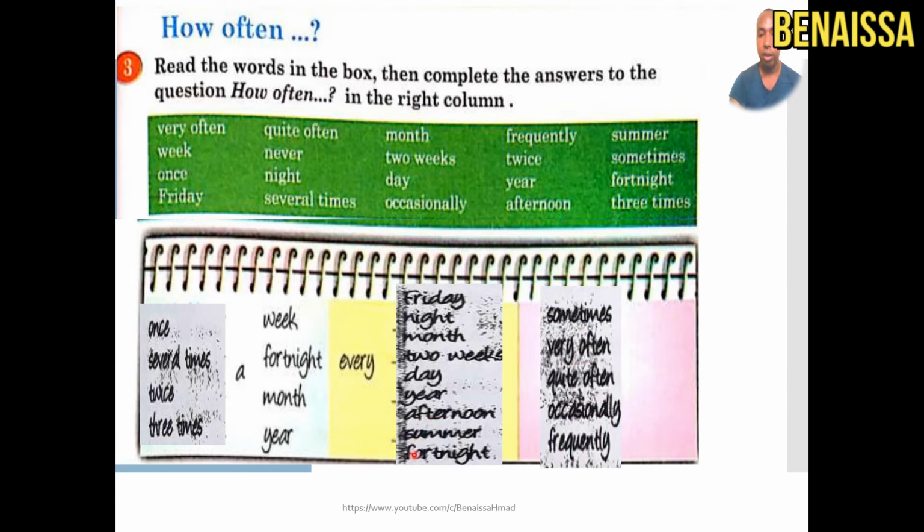Here you can use sometimes, very often, quite often, occasionally, and frequently. And if you can also repeat, check it out. Sometimes, very often, every, دائما, with these words: Friday night, a week, a fortnight, a month, a year. Very, once, several times, twice. Okay, pause the video, take notes in your notebook.